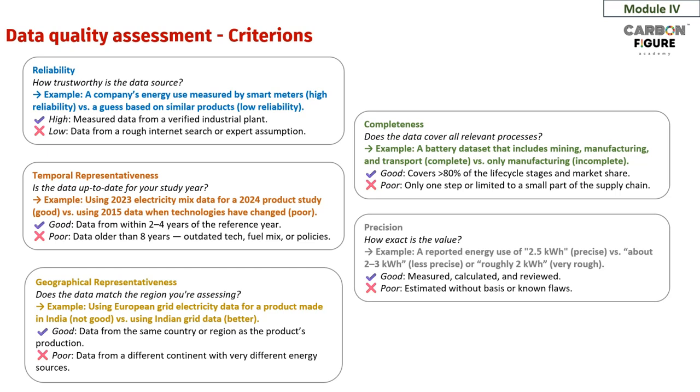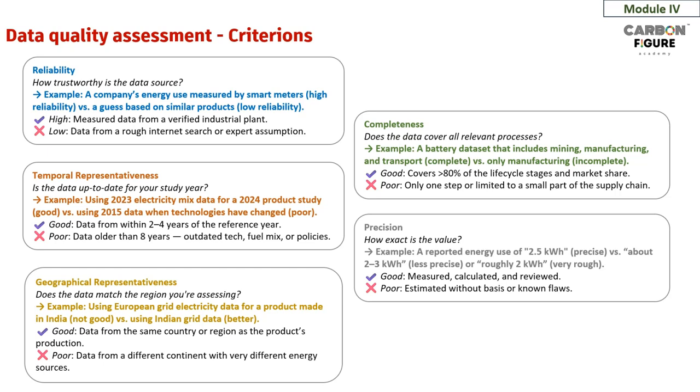If it is measured, calculated and reviewed, that means a good precision is in place. Whereas if it is estimated without basis or with known flaws, then it is badly precise, right? So these are the typical set of data quality criteria which would usually be preferred across different sources.